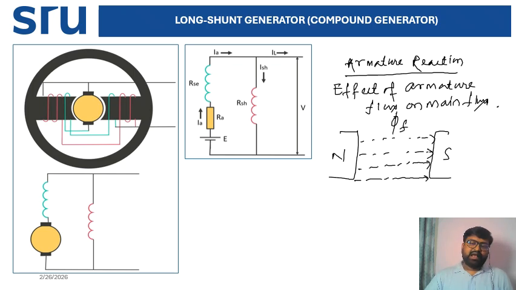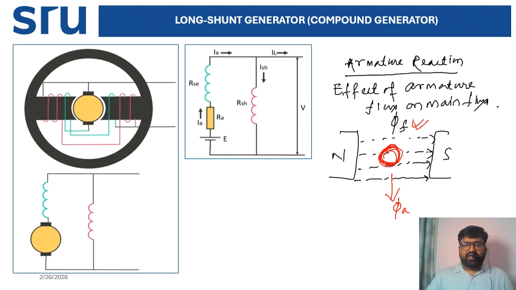One armature is present above this, and we give the prime mover to start it rotating. The armature has two coils, so the armature flux is produced downward. And if the armature flux is produced, it will oppose the field flux.